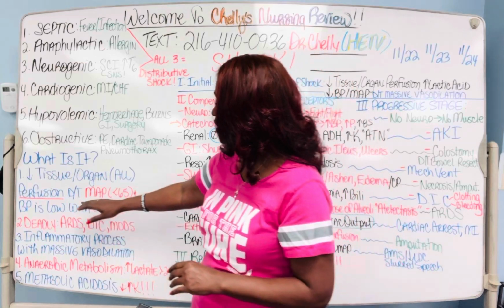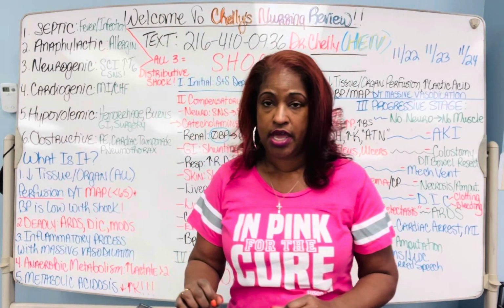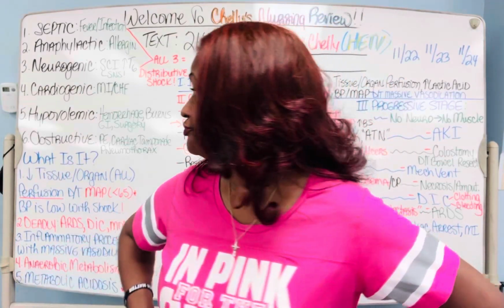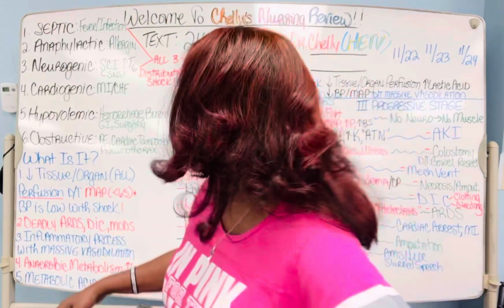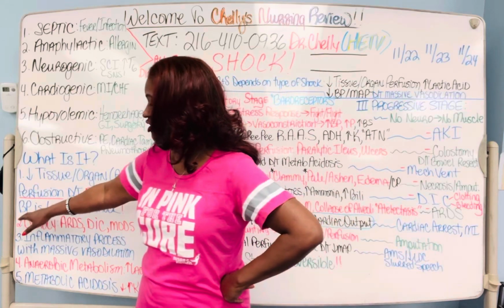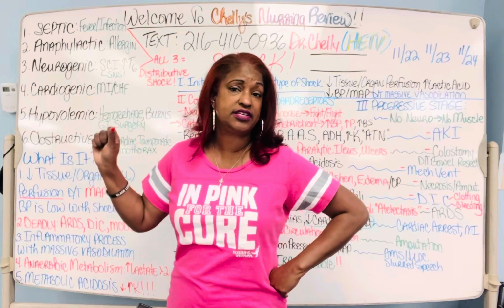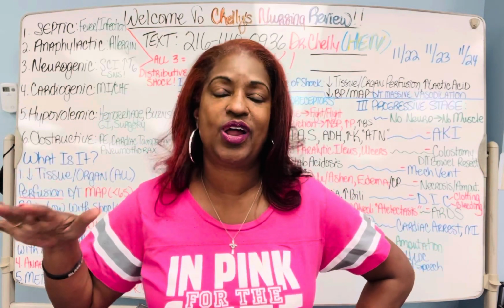Well, the mean arterial pressure directly relates to blood pressure. And in all shock, did you hear what I said? I said all shock. One more again. All shock has a low blood pressure. If you don't take nothing home with you today from me in this video, you better remember that. All shock has a low blood pressure.